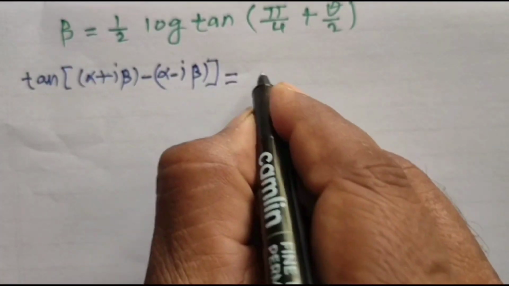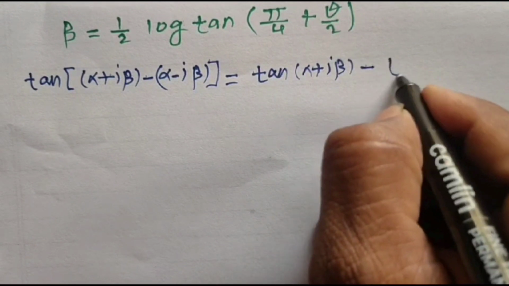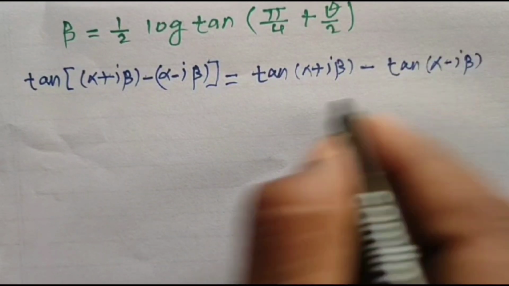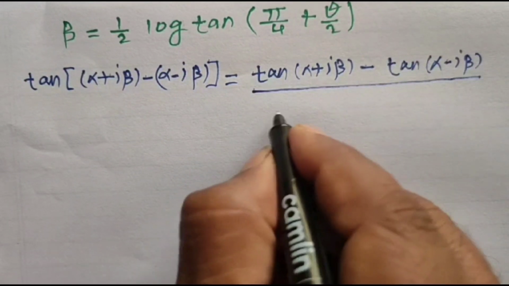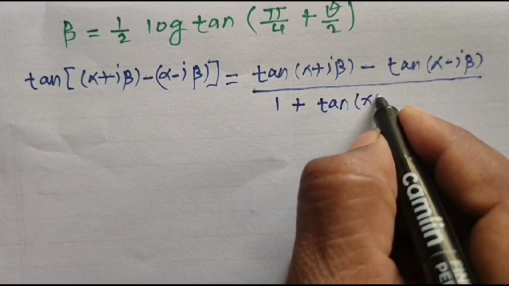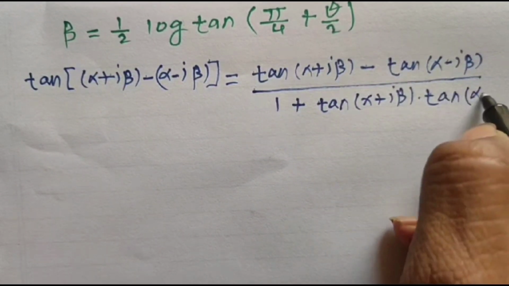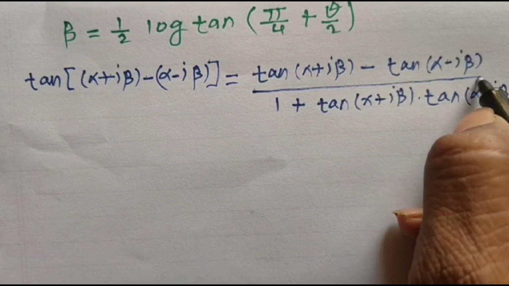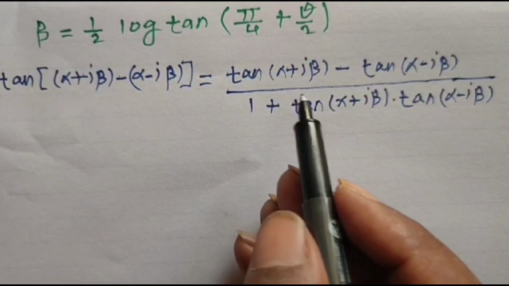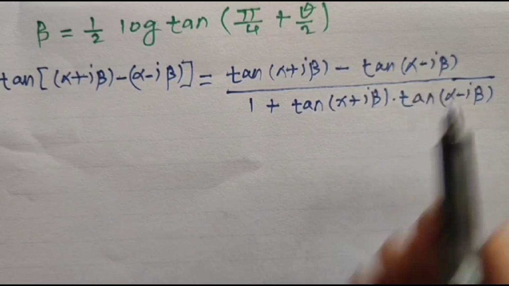This is equal to tan of alpha plus i beta minus tan of alpha minus i beta divided by 1 plus tan of alpha plus i beta into tan of alpha minus i beta. But you know, tan of alpha plus i beta is cos theta plus i sin theta, and tan of alpha minus i beta is cos theta minus i sin theta.